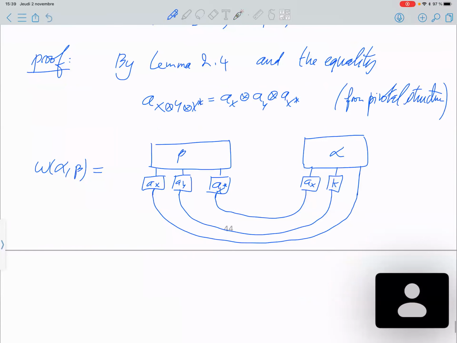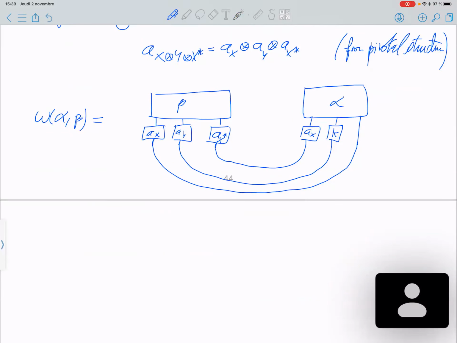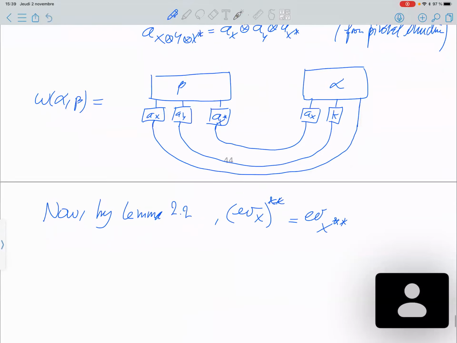So here we apply a previous lemma. Remember, this lemma was about computing the dual of evaluation map and co-evaluation map. The dual of evaluation map of X is the co-evaluation map of X star, and the dual of the co-evaluation map of X is evaluation map of X star. So the double dual of evaluation map of X is evaluation map of X star star. So we need to use that.